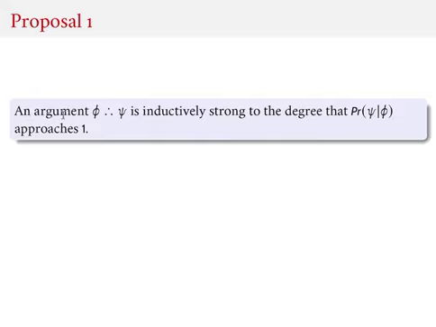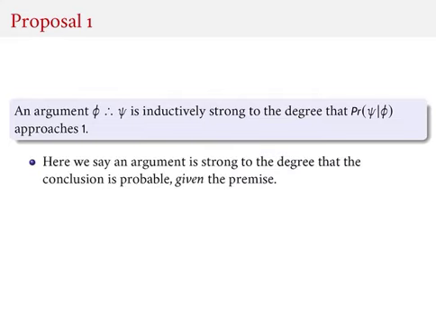So 1, as we know from probability theory, is the highest probability something can have. So the closer that conditioning on the premise makes the conclusion's probability to 1, the better the argument, the greater the strength.